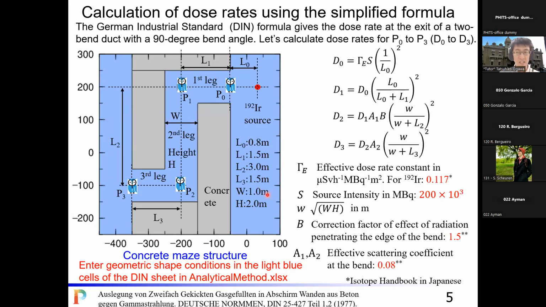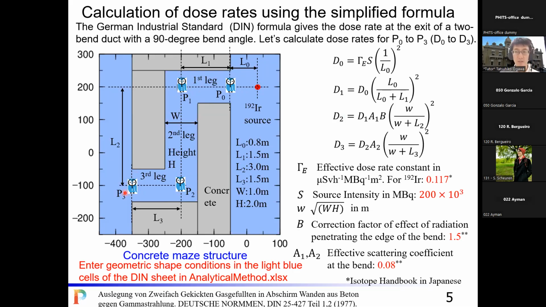Suppose that this is an RI source facility in which you use iridium 192. This iridium 192 source is located at this red point, and we are going to calculate the dose rate at these points, P0, P1, P2, and P3.